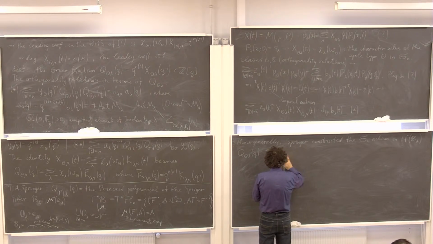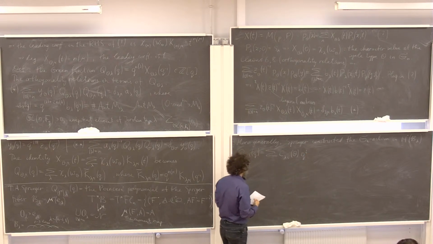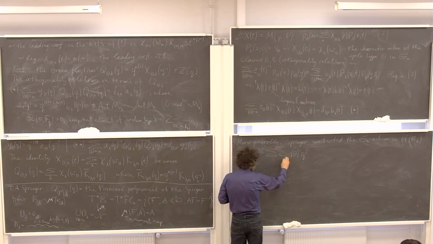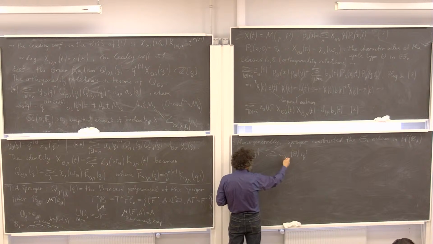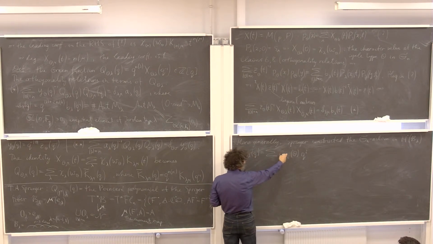Maybe let me write it this way. There's a weird way to index the coefficients of this polynomial. It's a polynomial in q, and its coefficients are indexed this weird way.